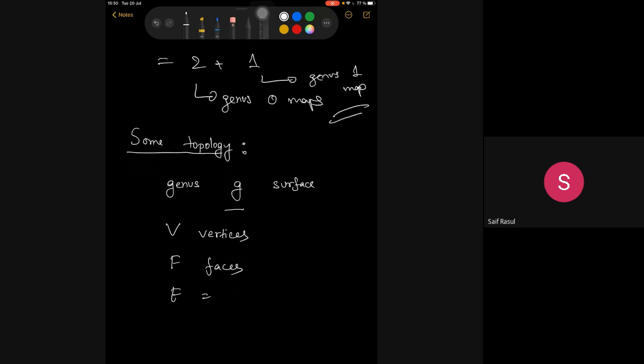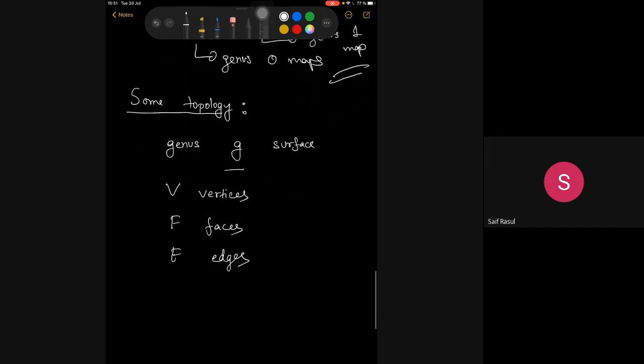Edges, E edges. And let's define a quantity which we call the Euler characteristic. We define it like this: chi is vertices plus faces minus edges.